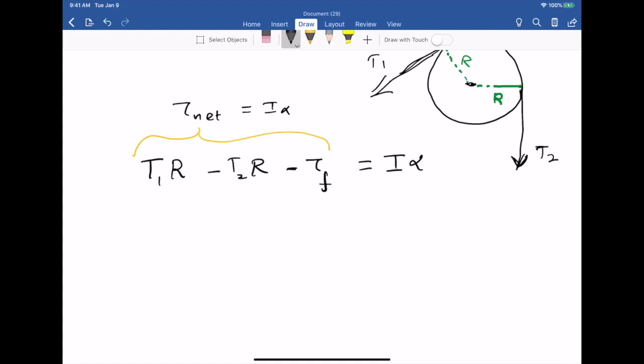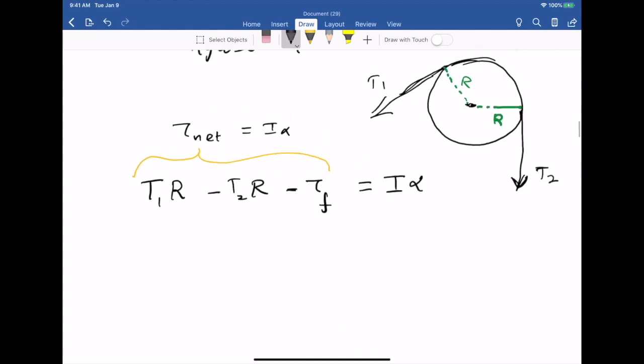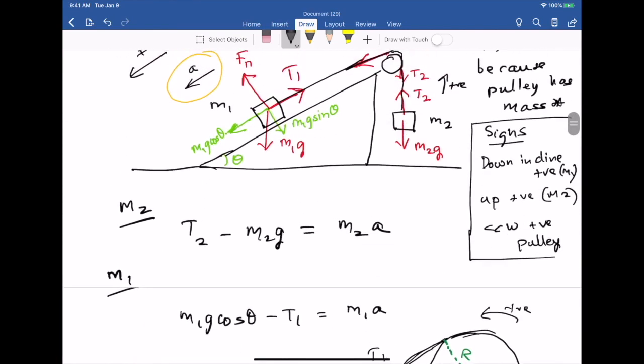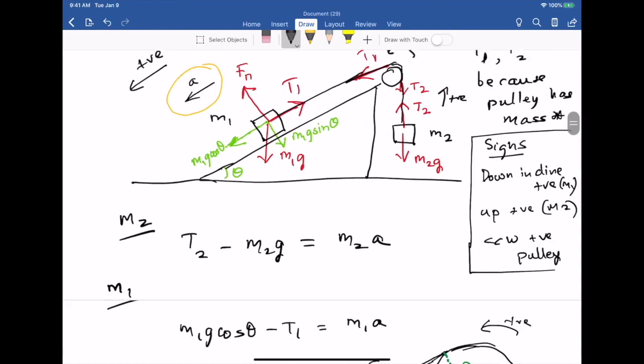Now, you might say that there are three unknowns, A, T1, and T2, but it looks like I've got a new unknown, alpha. So what do I do with that? There is a subtle argument here, which you probably encountered in chapter 9 while doing the problems. A is the acceleration of the two masses, which means it's also the acceleration of the rope. Now the rope is in touch with the pulley and is not slipping.